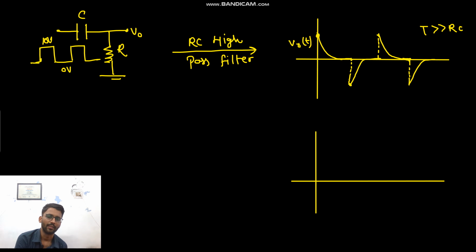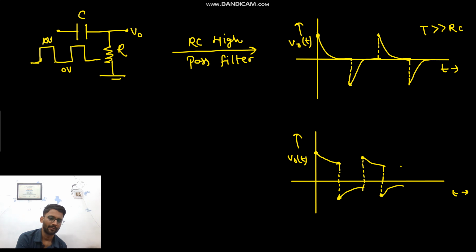This is V naught of t, and V naught of t for this one was something like this, and the same cycle.